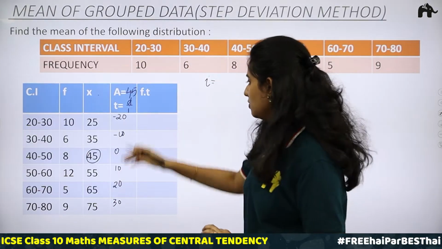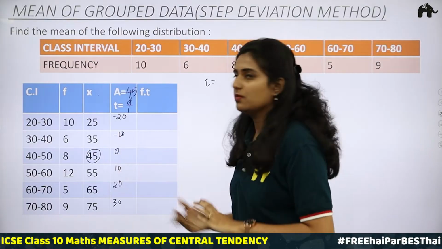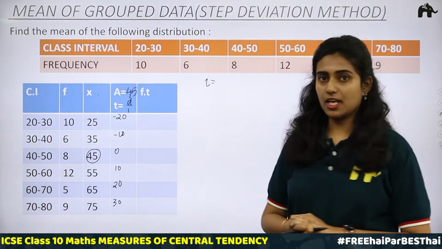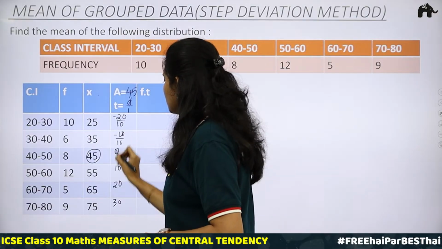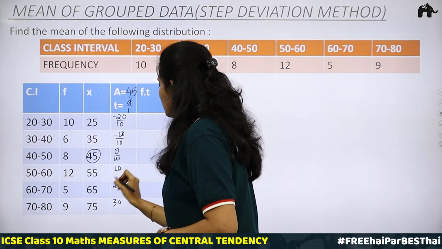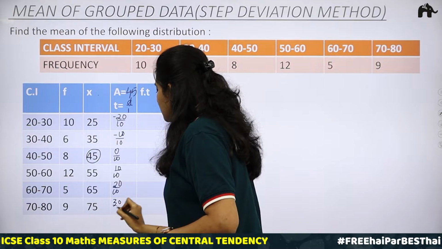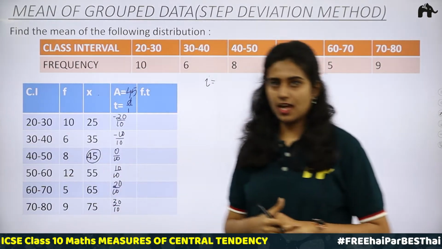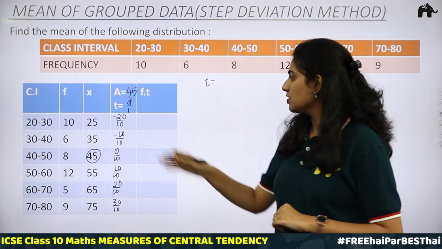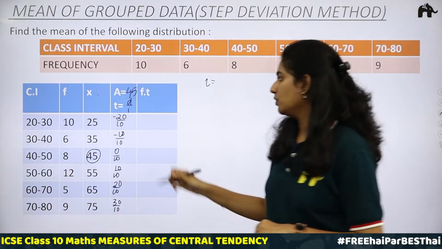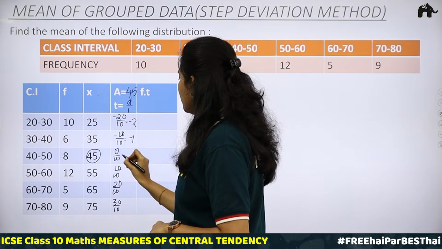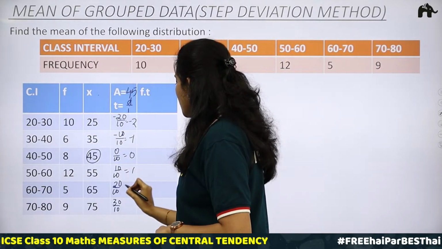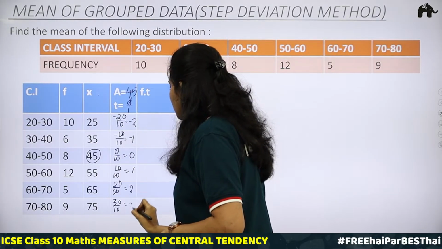When you check all these, the maximum number with which all these numbers can be divided is 10. So, divide each with 10, or you can just check it this way, that it is the class interval or the class size. Class size is equal to 10. So, dividing with 10, what do we get? We get minus 2, minus 1, 0, 1, 2 and 3.